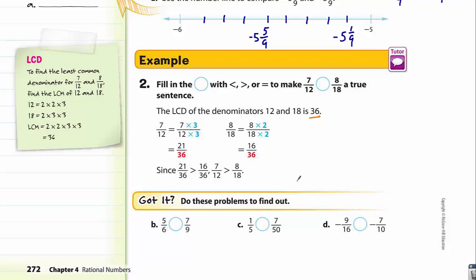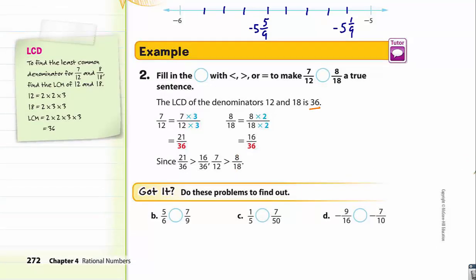They both go into 36. So change them both into 36, and now they're much easier to compare. And since 21/36 is greater than 16/36, we know that the 7/12, which is the same as the 21/36, is greater than 8/18.